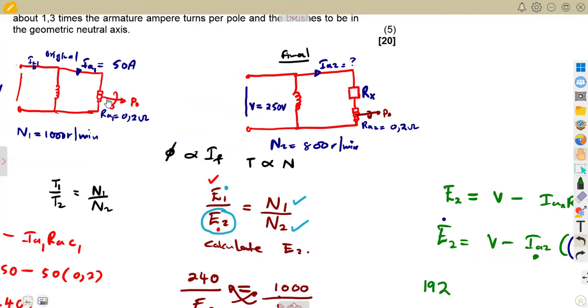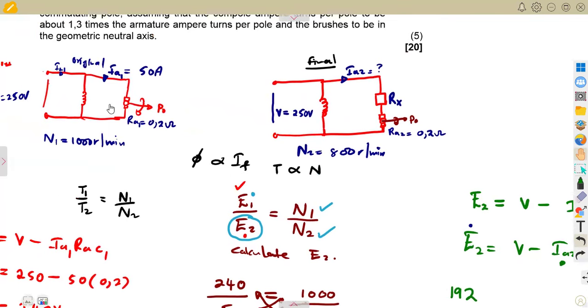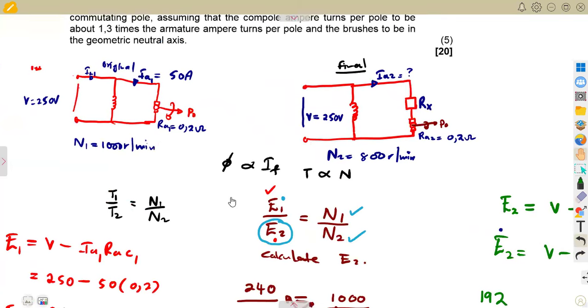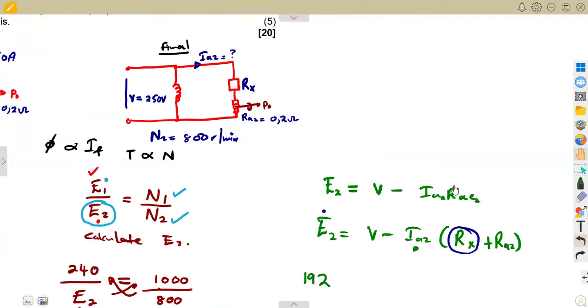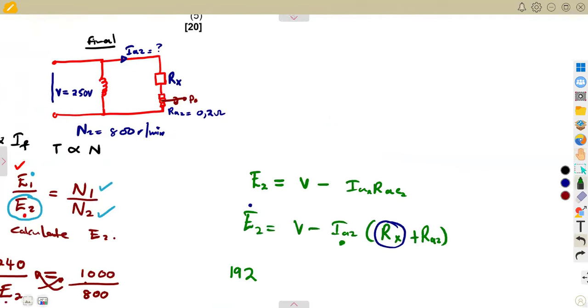But in this case, you do not have a relationship between the torque that you're given. So on a condition like this, you are going to consider your armature current 1 to be equivalent to your armature current 2.